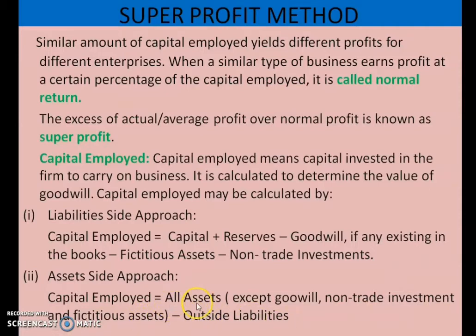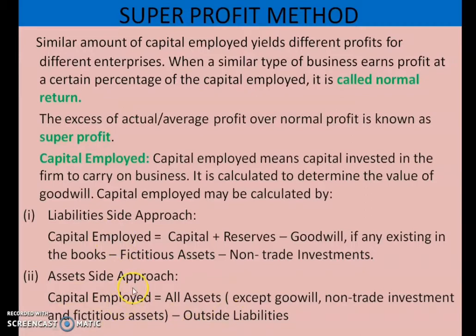So actually it is all assets minus outside liability, but while calculating all assets, you don't include goodwill, non-trade investments and fictitious assets. Avoiding these three items, you take the rest of all the assets. From that you subtract outside liability, then you will get capital employed. So this is the formula. You know that assets minus liability is capital. So that formula has been used here.